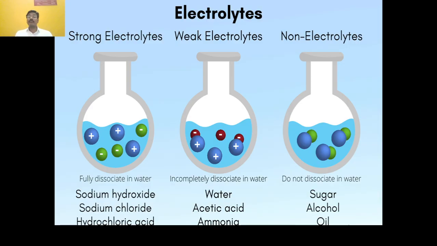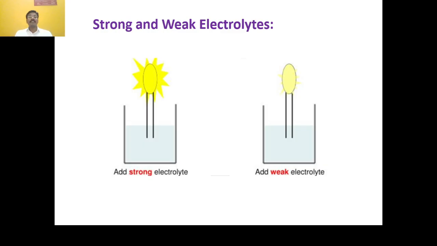And non-electrolytes could not be dissociated in water, and therefore they are non-electrolytes. For example, when sugar, alcohol and oil are dissolved in water, they do not dissociate and they do not conduct electricity, and therefore such substances are called non-electrolytes.